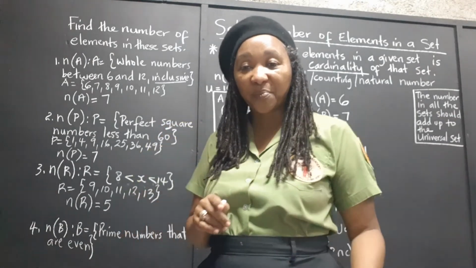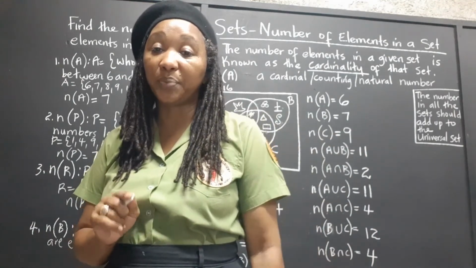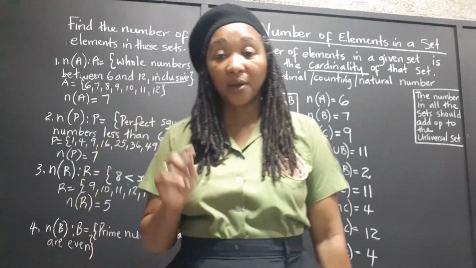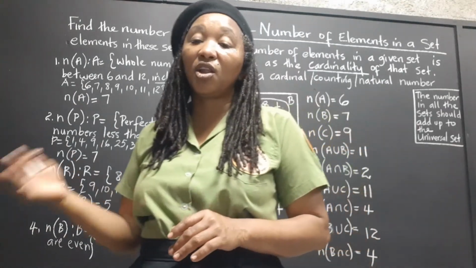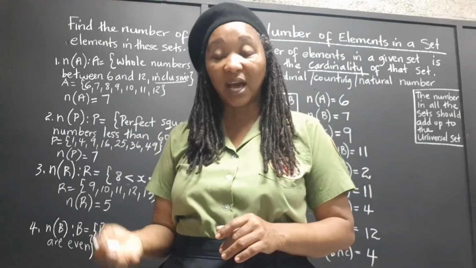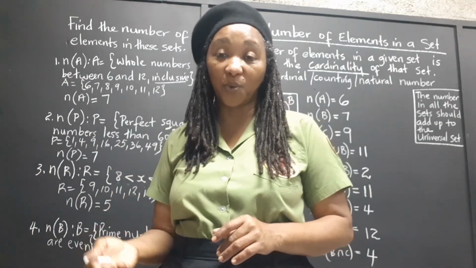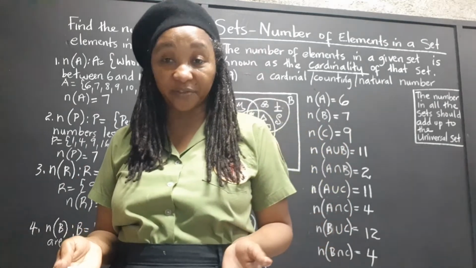The first prime number is 2, and 2 happens to be the only prime number that is even. Because all the other numbers that are even, they automatically have another factor than themselves and 1. They have 2 that can go into them. That's what makes them even.